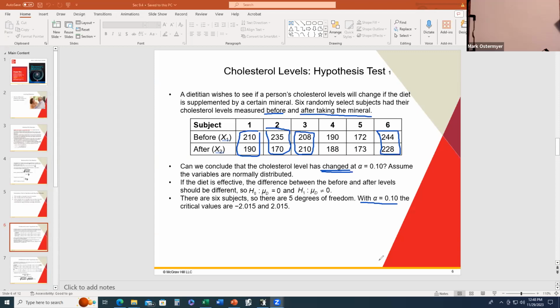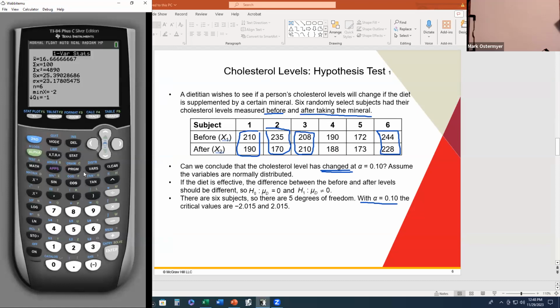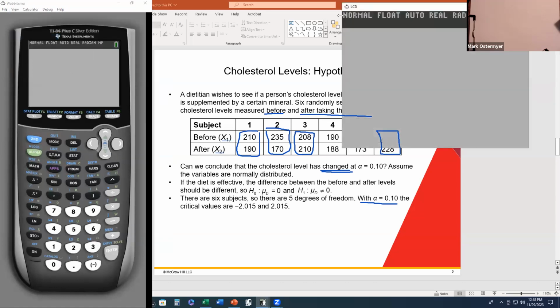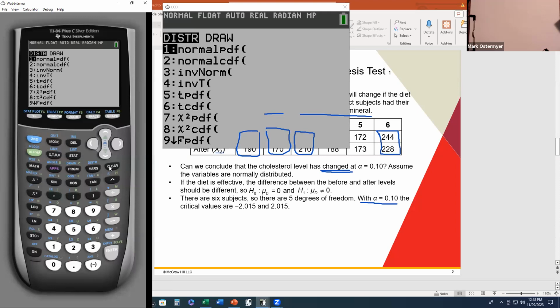And how did they get those? Well, you could use your inverse t function on your calculator, or you could go to your student t table and look up the values with 5 degrees of freedom.